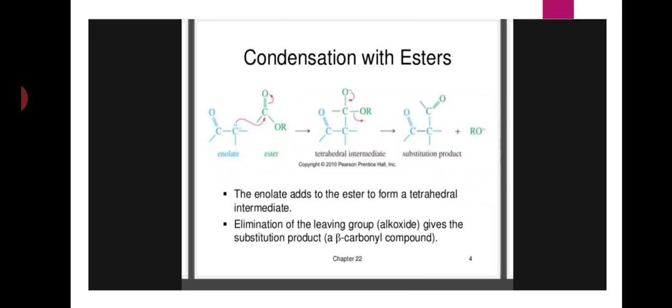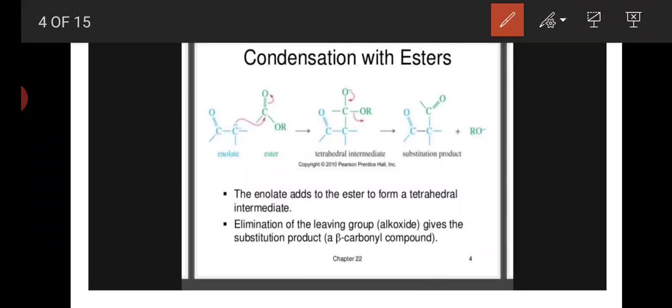Next is condensation with esters. Okay, the same enolate ion, and here the other functional group is the ester functional group, C double bond OR. This is the ester. This one is the enolate and it forms a tetrahedral intermediate.